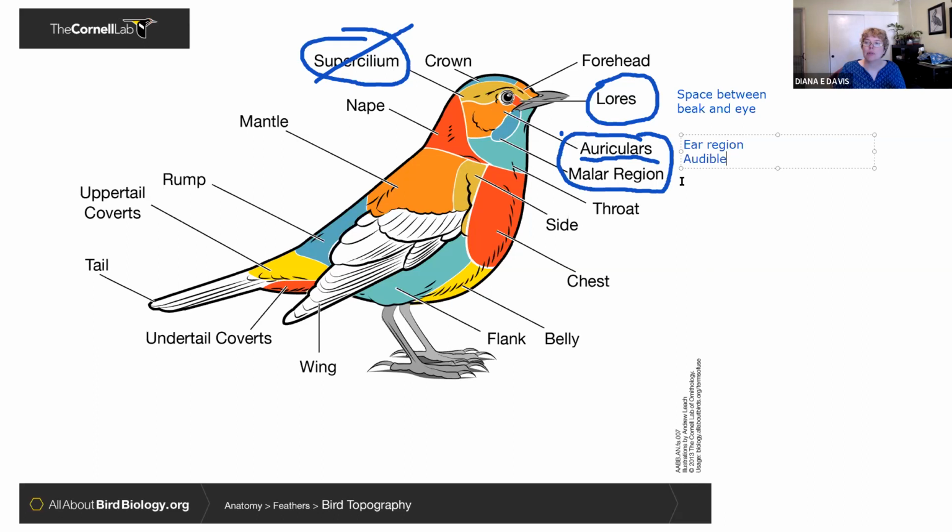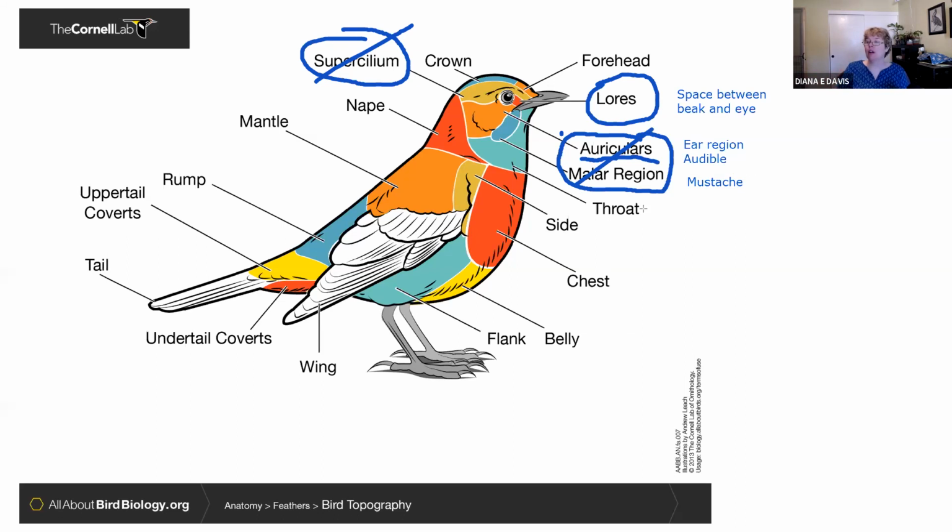Malar, this is sometimes called the mustache region. And I'm going to tell you again, those are not words that you need to memorize. Well, you don't need to memorize any of these because it's all open note. You don't have to worry about those. I'm not going to test you on those two.